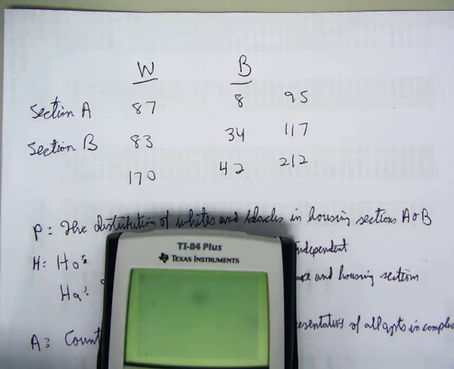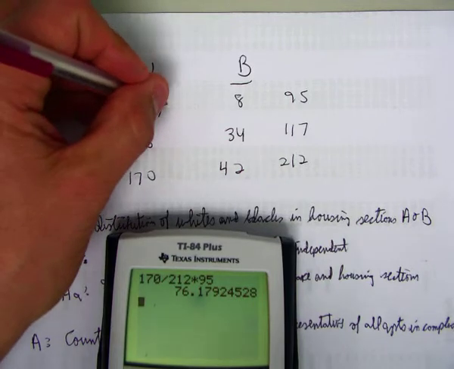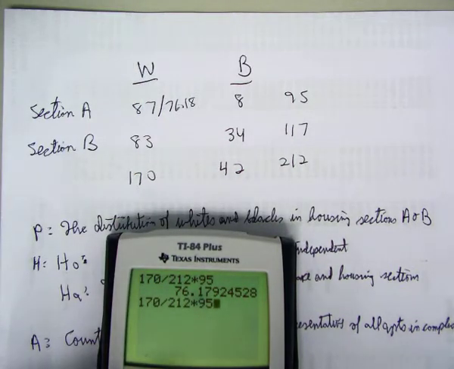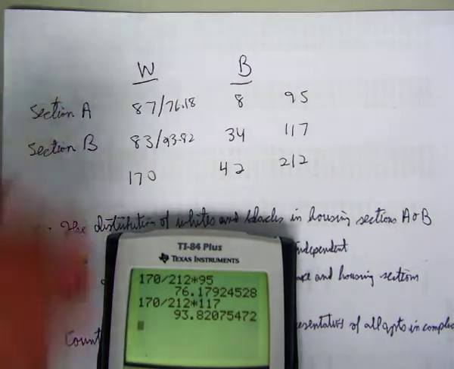So for whites, there's 170 whites out of 212 people, and in section A there's 95, so that's 76.18. I'm just going to push second enter and change, 170 out of 212 times 117, and in section B there's 93.82.